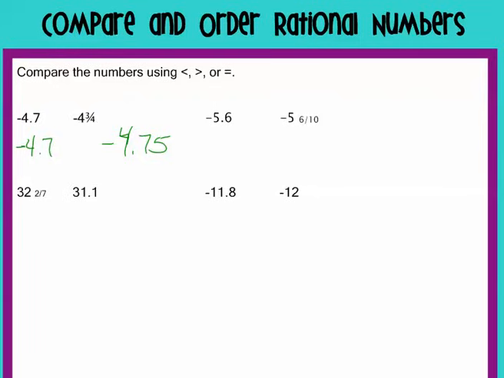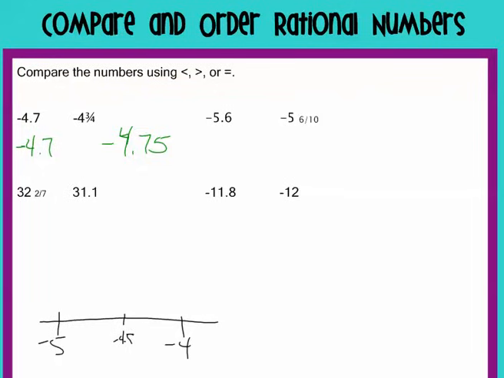Now, since they're both on the negative side, we have to think of these as two debts. The larger the debt, the smaller the value. The larger the debt, the farther away we are from zero. So if I'm thinking about a number line, I know negative 4 7/10 will be between negative 4 and negative 5. And so will the negative 4 75/100. The halfway point between negative 4 and negative 5 is negative 4.5.